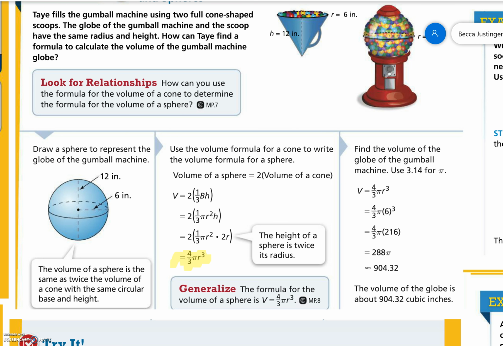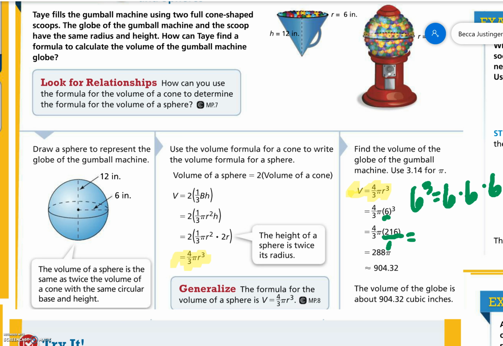So just like our step 1 is always to write the formula. Then we're going to plug in what we know. Well, the only thing we need to plug in is the radius, which is 6. Then we do our exponent, 6 to the 3rd power. That is the same thing as saying 6 times 6 times 6, which is 216. We can put that 216 over 1, multiply straight across.